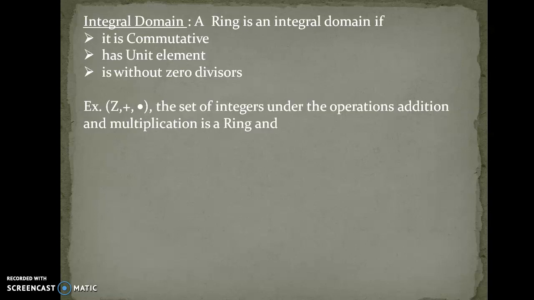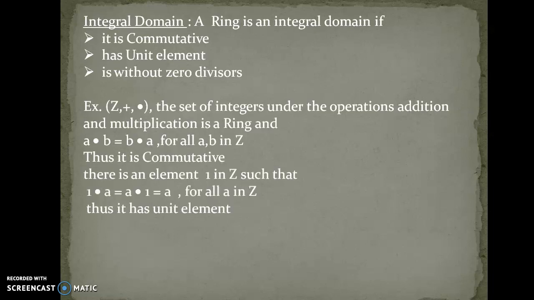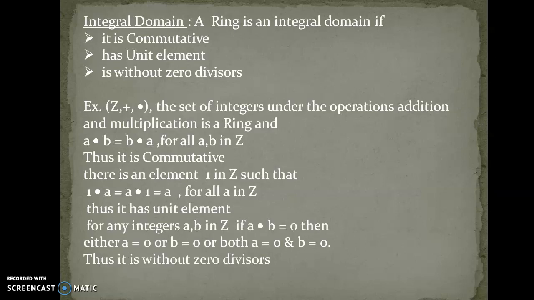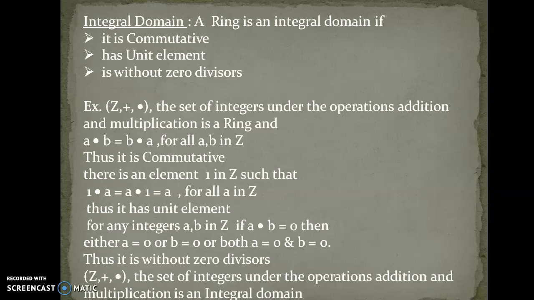So this we have already proved as a ring. It satisfies commutativity, it contains a unit element, and for any two integers the product is zero only if either of them is zero or both are zero. Thus it is without zero divisors, and therefore the ring Z with addition and multiplication is an integral domain.